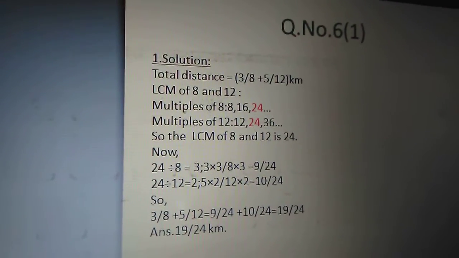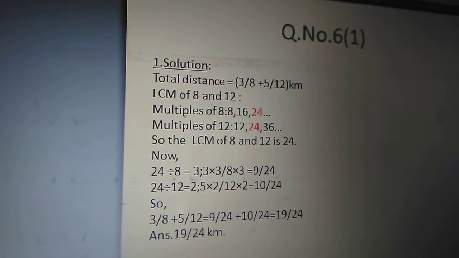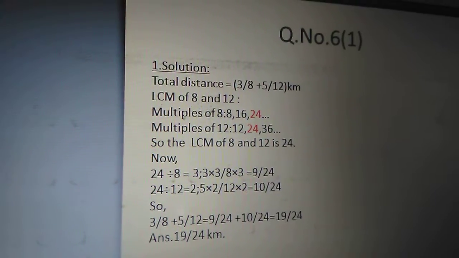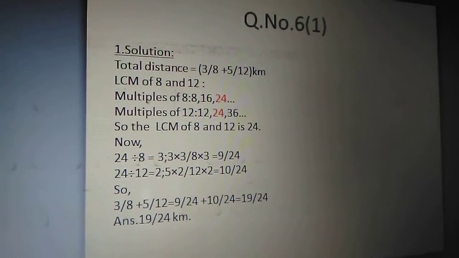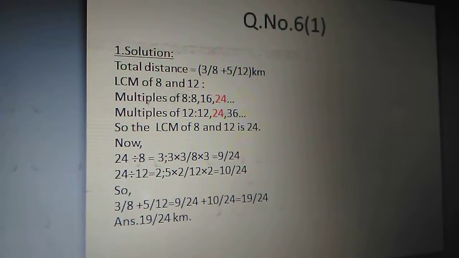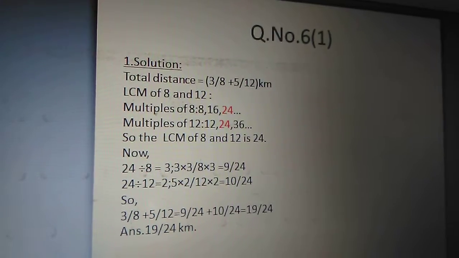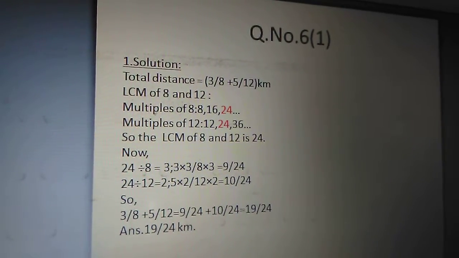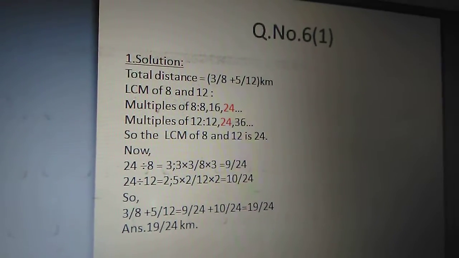Then we get the result 9/24 and 10/24. Now the denominators become the same for the two given fractions. So if we add 9/24 and 10/24, we get 19/24. So the distance is 19/24 kilometer from Shobu's house to Mitu's house.